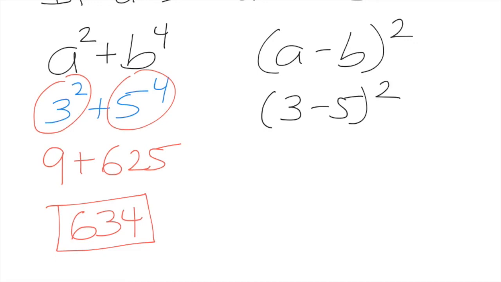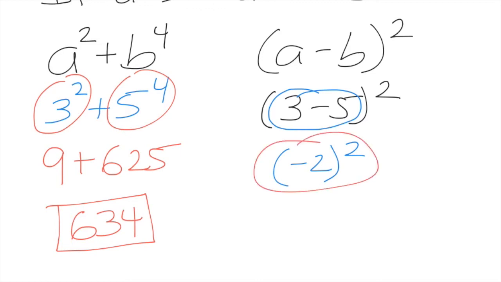You would have told me that inside the parentheses, 3 minus 5, that's negative 2 squared. And negative 2 squared is negative 2 times negative 2, which is positive 4. So how many of you got positive 4 for A minus B squared? Good. Glad to hear that. And that's all we have for today.